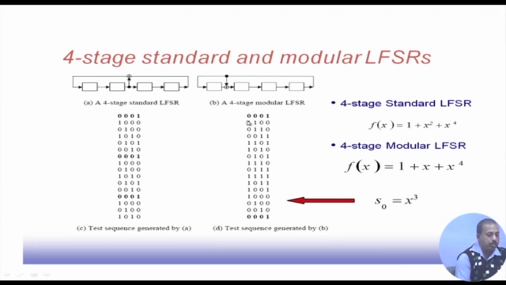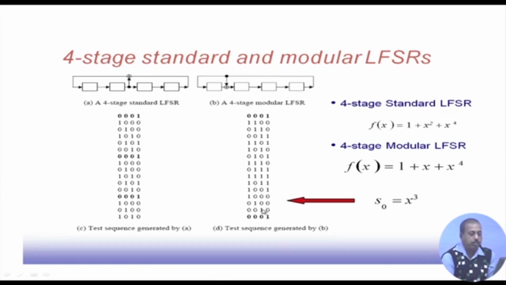So, 1 comes here, and the second cell gets the sum of the last cell and the first cell. So, the 0 and 1 are XORed, and you get a 1 at this point. This shifting goes on, and interestingly this gives a much longer sequence. It repeats itself after generating 1 2 3 4 5 6 7 8 9 10 11 12 13 14 15 patterns. The 16th pattern is repeated. So, it has got a periodicity of 16.